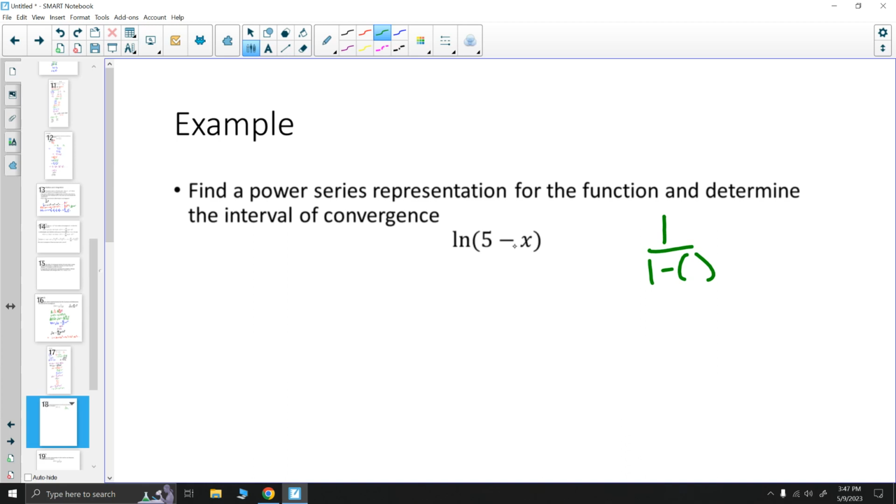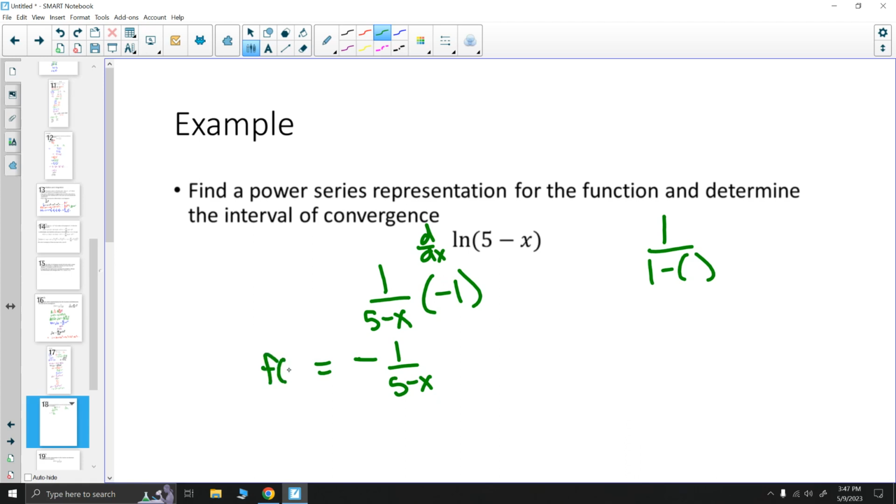Essentially, the derivative of ln of 5 minus x will give us a 1. So if you think about this, d dx of this quantity here would be 1 over 5 minus x times negative 1. Okay, so that is to say negative 1 over 5 minus x. That's what this thing would be.